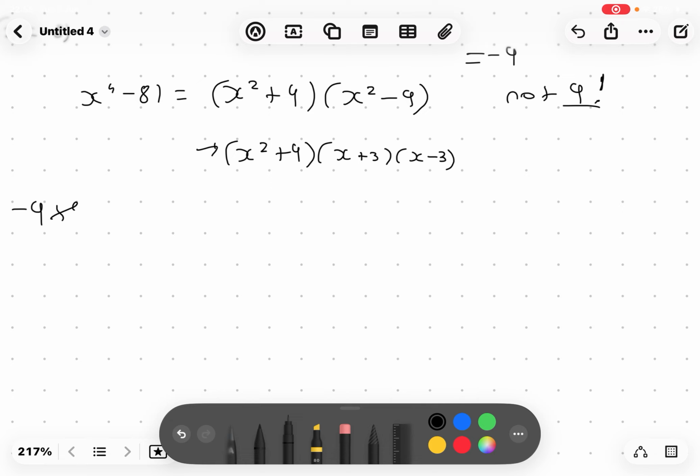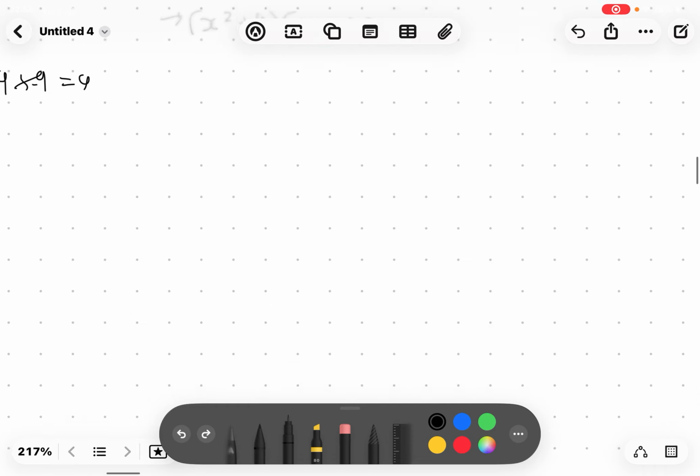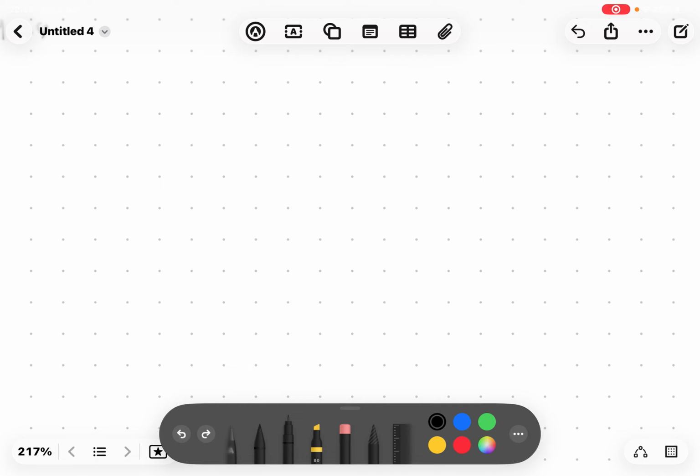Negative times negative equals a positive 9. So whenever there's a negative, you can do factorization. If not negative, then you really can't. That's why each time, even right now, the question I'm going to give you is going to have a minus in it.